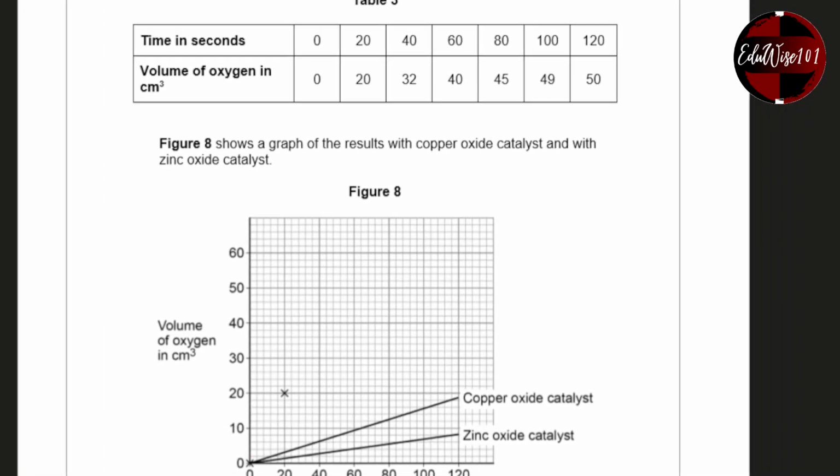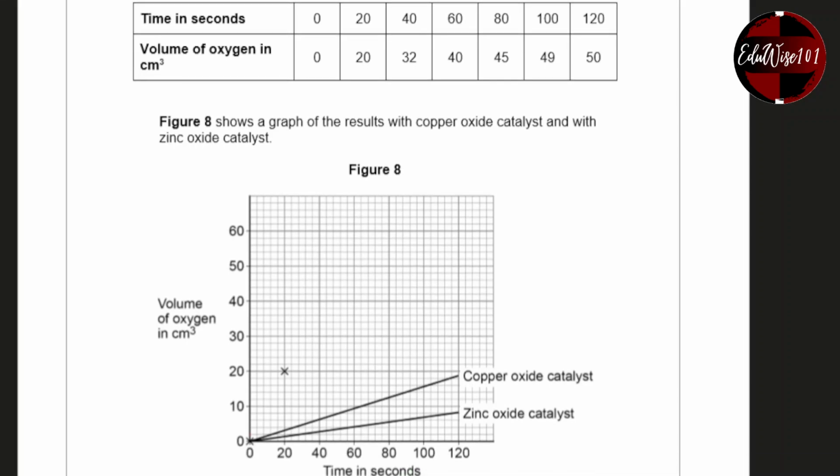For 40, it's 32. Each of these boxes is 2 centimeter cubes in volume, because there are 5 boxes for 10. 10 divided by 5 gives me 2 centimeter cube. So each box is 2. At 40, I need 32, so it's going to be that.